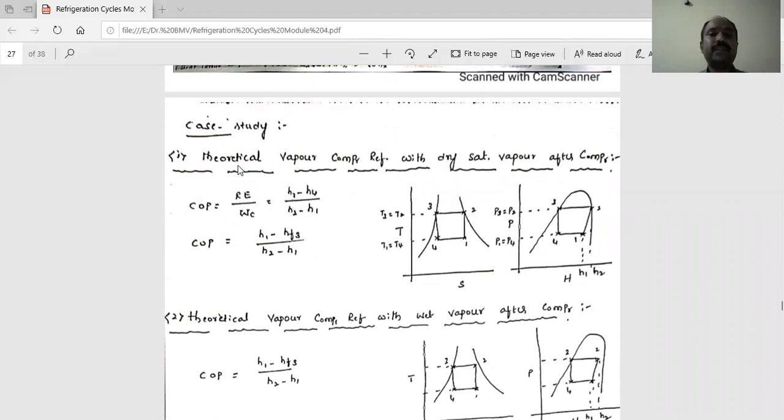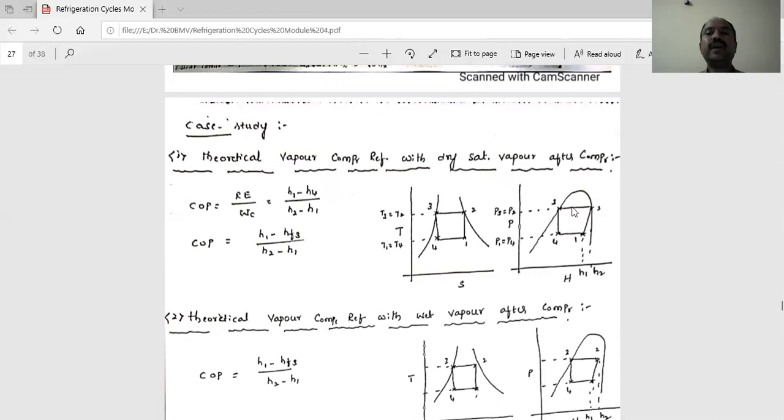The first one is theoretical vapor compression refrigeration with dry saturated vapor after compression. After the compression process 1 to 2, it becomes dry saturated. That means point 2 is exactly on the curve. 1 to 2 is isentropic compression, and it should be exactly at point 2, which is dry saturated. This is very important.